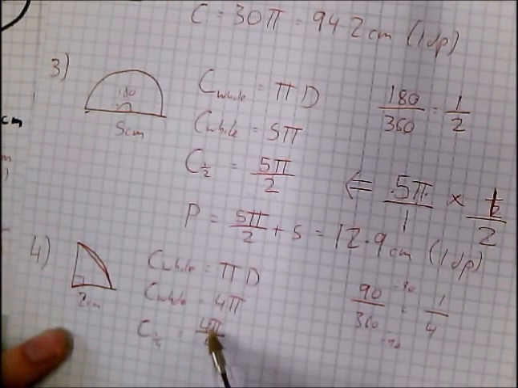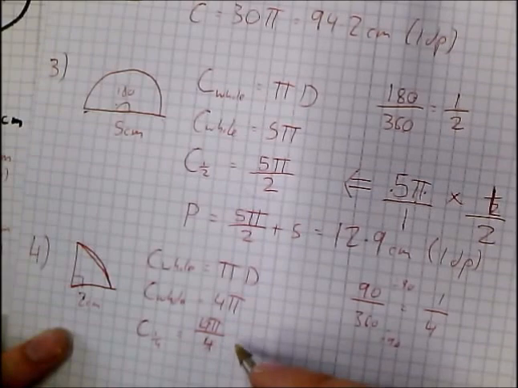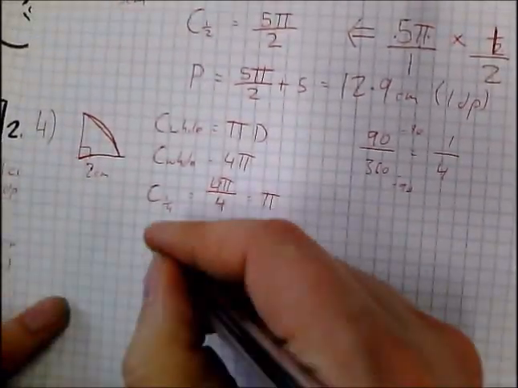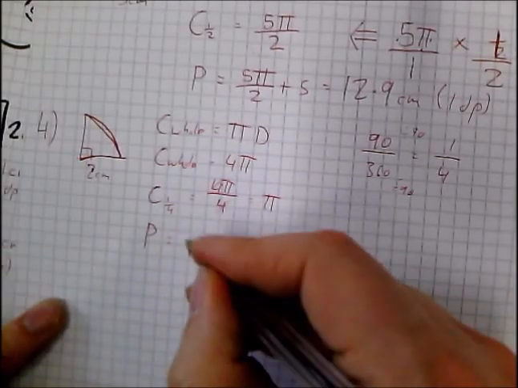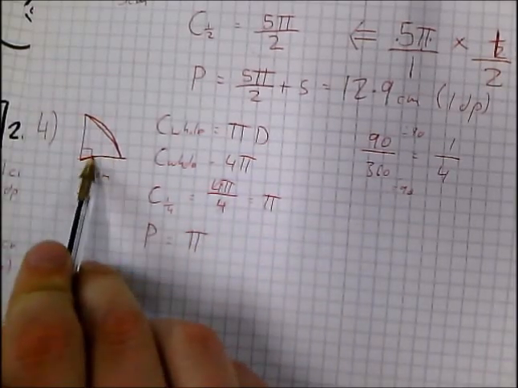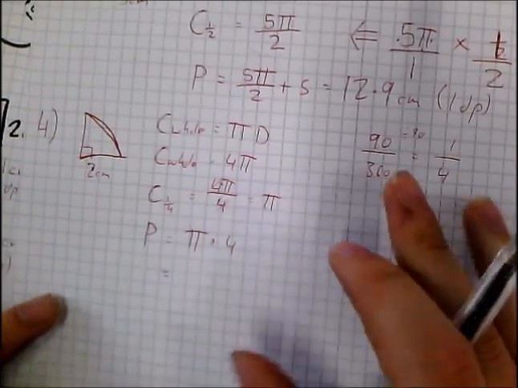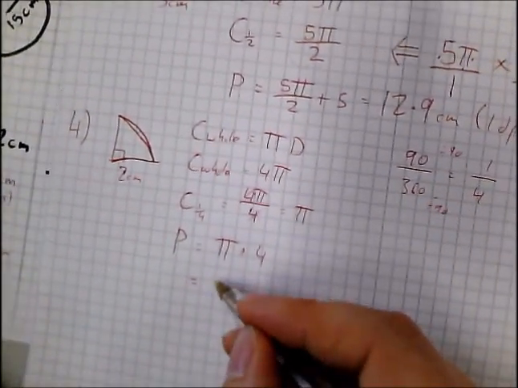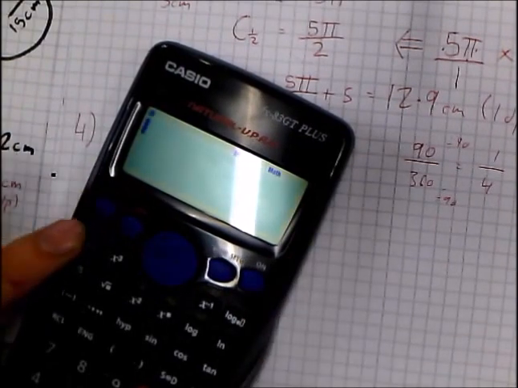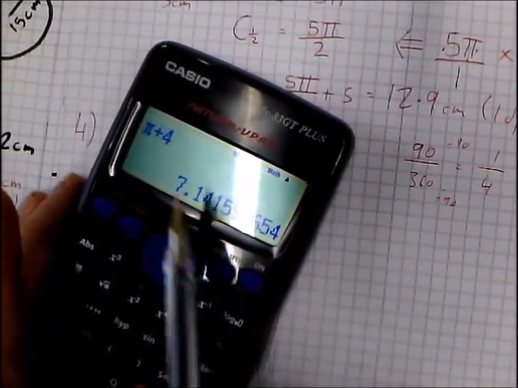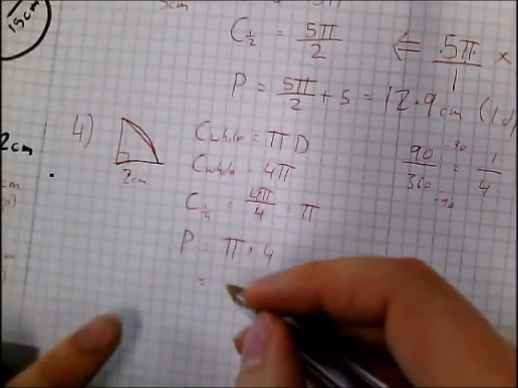I've got common factors top and bottom of 4, so those cancel to just give pi. So finally, the perimeter is pi plus this length and this length, so plus 4. And that gives 7.1415, so 7.1 to 1 decimal place.